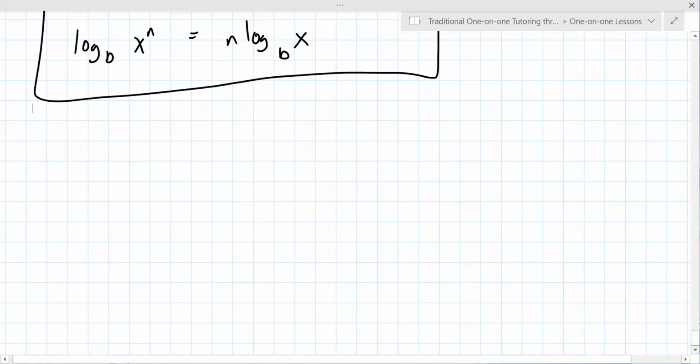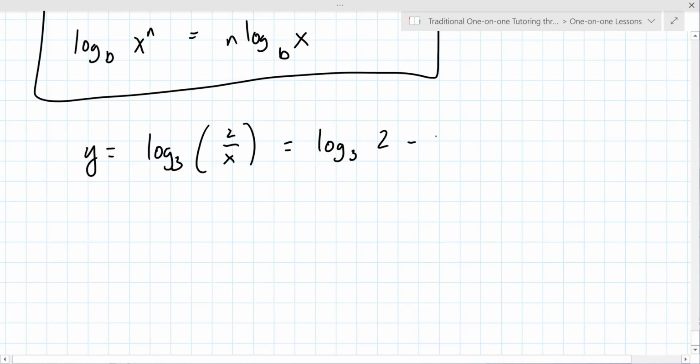So let's say I give you y equals log base 3 of 2 over x. Well, this becomes log base 3 of 2 minus log base 3 of x. And the derivative, what is the derivative of a number?